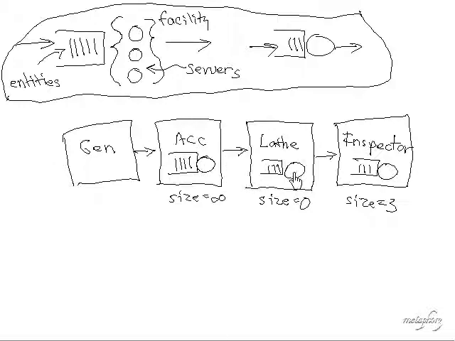These servers will likely have an amount of service time dictated by data that are captured on site at the physical manufacturing floor, and that data, when captured in bulk, produces a probability density function which approximates or models the amount of service time required by each of these three resources, the accumulator, lathe, and inspector.